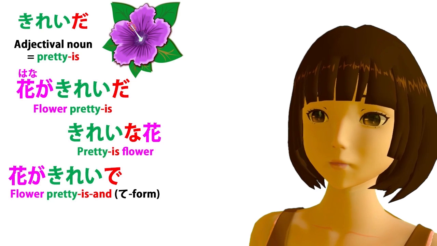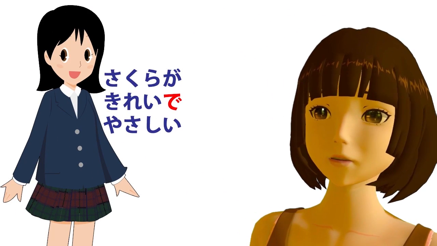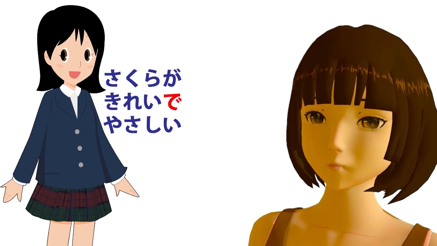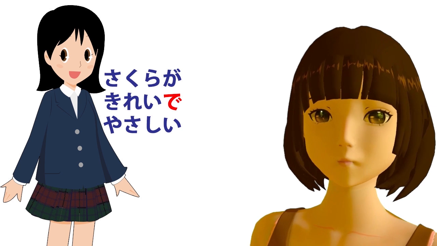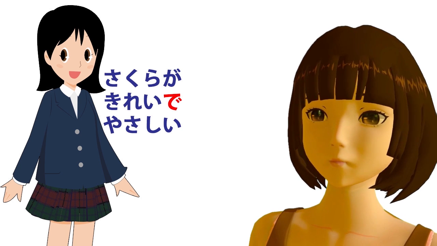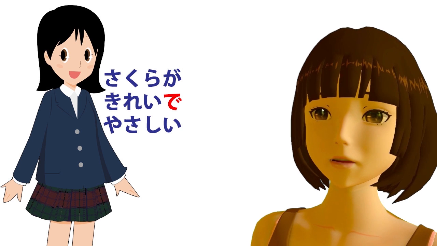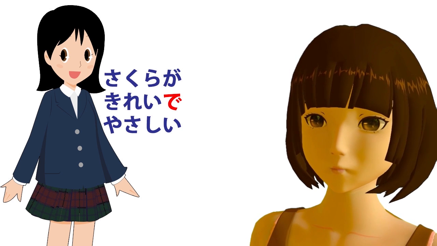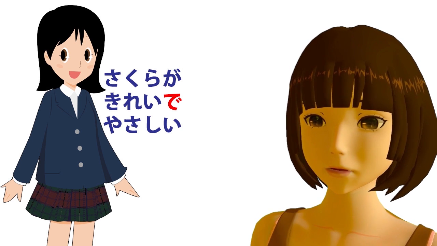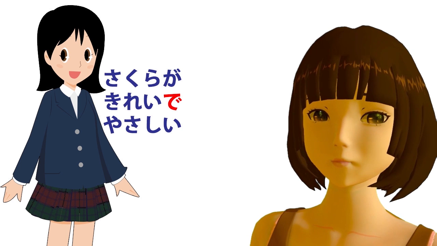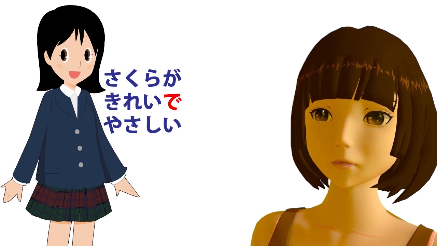But if we want to say Sakura is pretty and kind, we can't use da and we can't use na, but we do have to use the copula. What we use now is the connective form of the copula, that is to say its te form, and the te form of da is de.